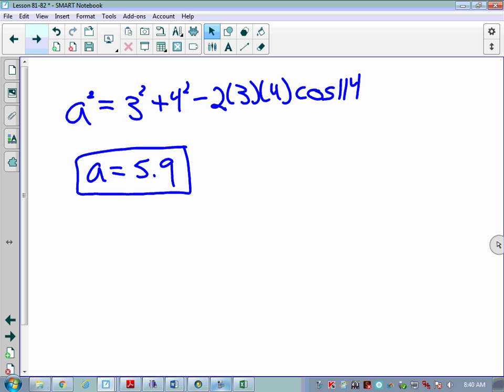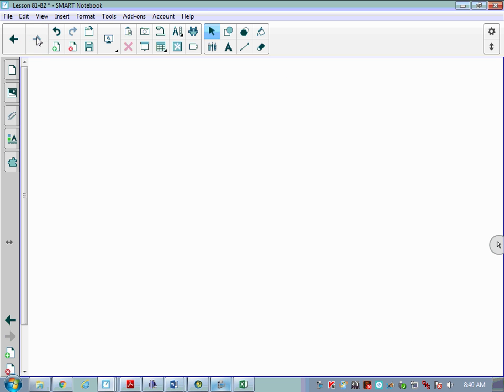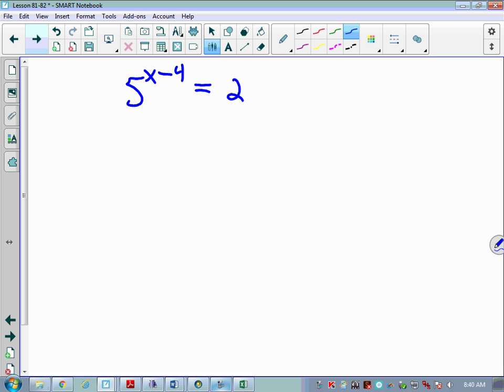The next thing we're going to look at is our lesson 82 stuff, which is exponential equations, which again aren't really that difficult. Your first question says solve 5 to the x minus 4 equals 2 to the 2x plus 1.